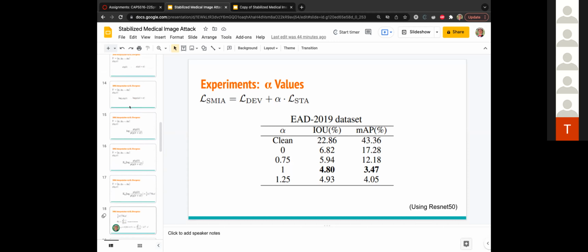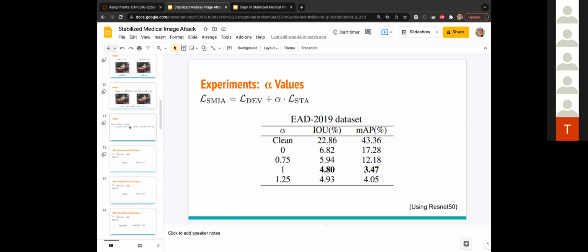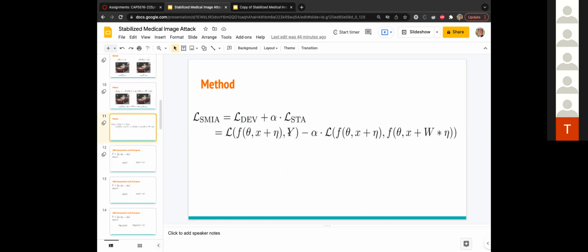But if you have a decent range for alpha and can achieve similar performance, at least people will prefer to use this kind of method rather than having to carefully tune this parameter.